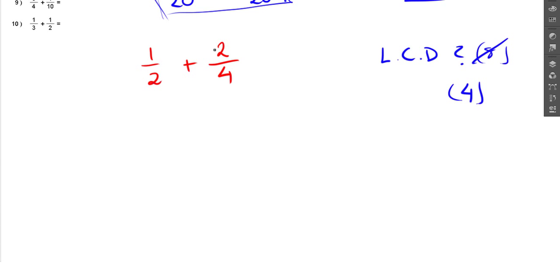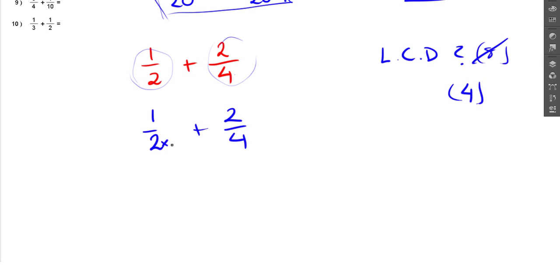So this fraction here, we don't actually have to touch because the lowest common denominator is already 4, so we're just going to leave that one. The only one we're going to change is this one here. So 1/2 plus 2/4. To get this to the denominator of 4, well, we just said that 2 goes into our lowest common denominator of 4 two times.